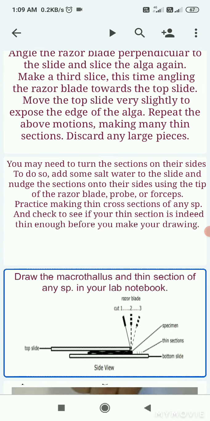Then you may need to turn the sections on their slides and add some water to the slide. Then sections are ready and take them with forceps or any probe.